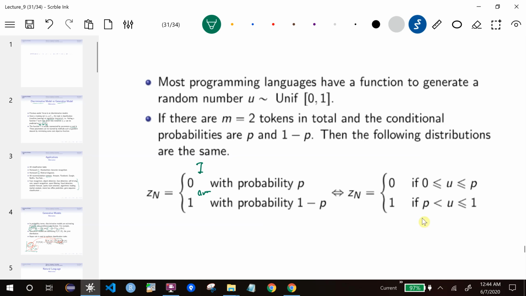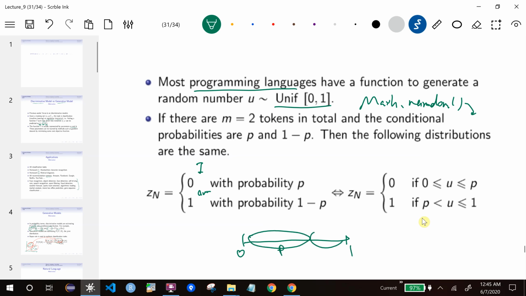And the important thing is that most programming languages have this uniform distribution built in. So it's something like math.random. And we know this is a number between 0 and 1. So what we can do is say this is between 0 and 1, and suppose this is our p, and this is our 1 minus p, because they sum to 1.